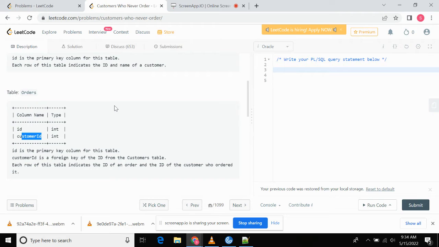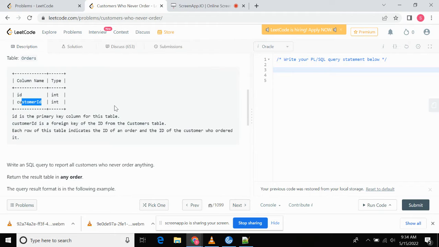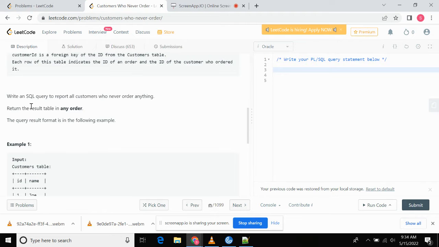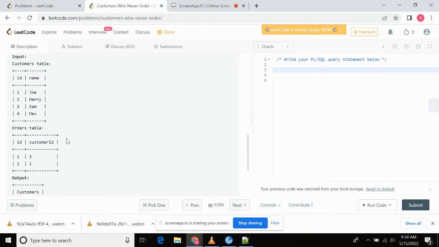Now if you try to understand what it is asking us to write, first, if you see this example, this is a customer table where four records are there. This is the order table where two records are there.